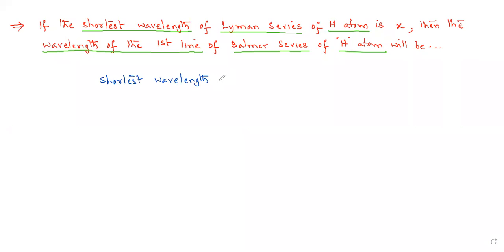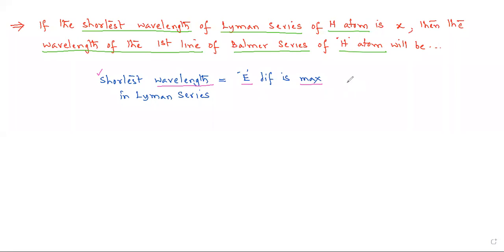You know, when we go for shortest wavelength, of course, this is in Lyman series, right? When I say shortest wavelength, remember energy difference is maximum because energy and wavelength are inversely proportional. They want the wavelength to be shortest, then energy difference must be maximum.